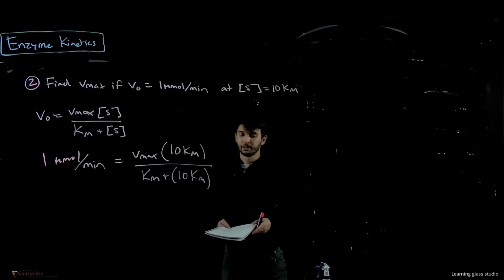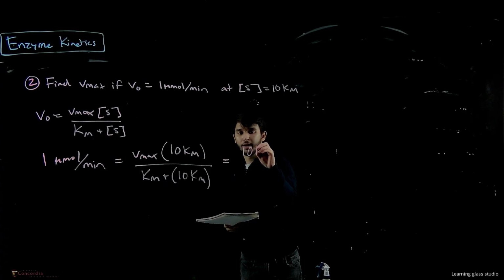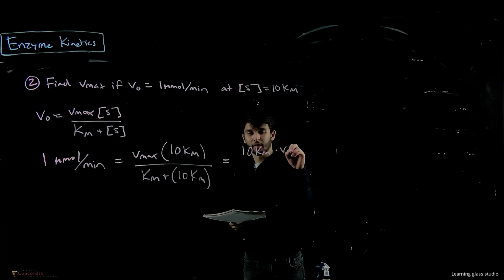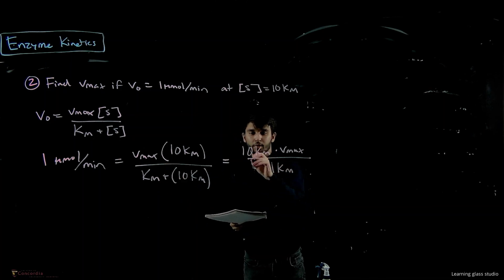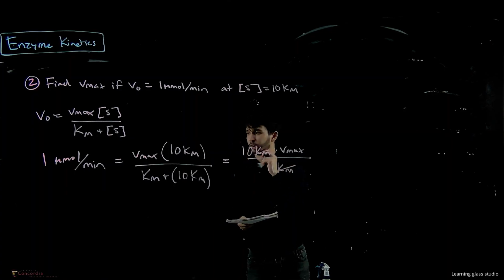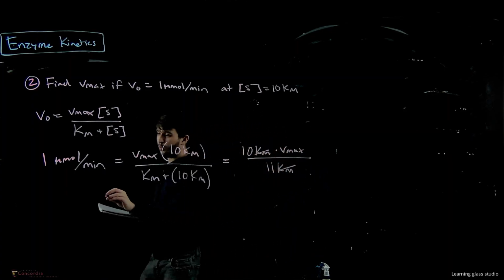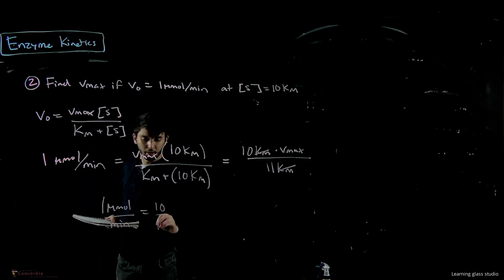So we can simplify this further. 10 Km times Vmax, over 1 Km plus 10 Km, which is 11 Km. So the Km's cancel. We get 1 micromole per minute equals 10 over 11 Vmax.